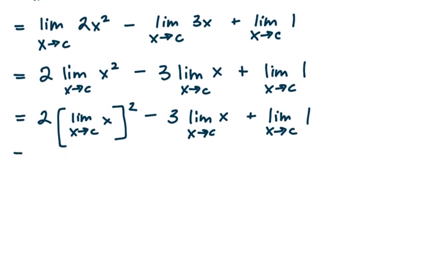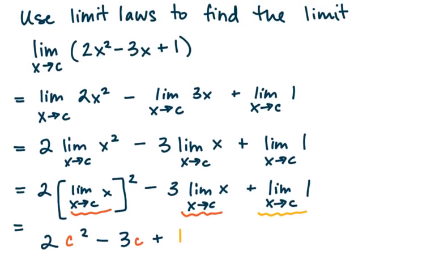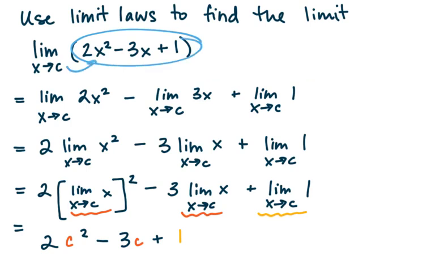This would be 2 times c squared, minus 3 times c, plus the limit of a constant, which is 1. So this is our answer here. And essentially all that is the original polynomial. You'll notice if I take this original polynomial and I plug c in, this is what I get. So my limit, essentially, all I wanted to do was plug that value in, okay?